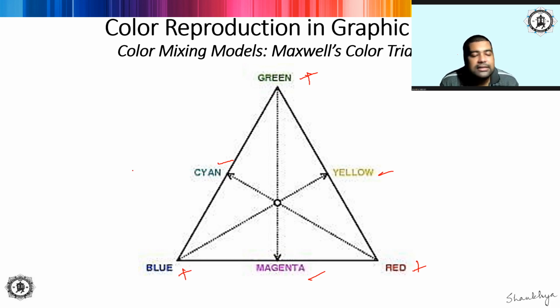The artist's color wheel is meant for a completely different purpose, but Maxwell's color triangle is a tool to understand the relationship or derive the interrelationship between the additive and subtractive primary colors.